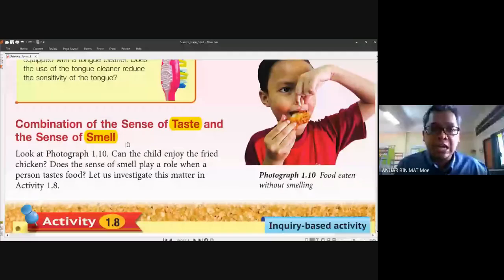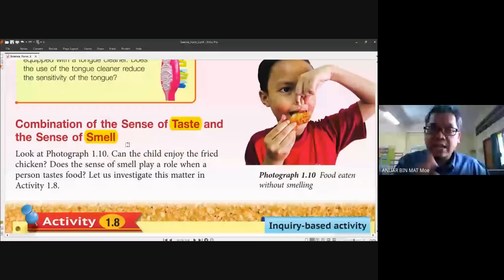Okay, you try at home. Maybe you can pinch your nose and then try to eat. You will feel nothing. Meaning that the sense of taste of your tongue and the sense of smell by your nose are working together.